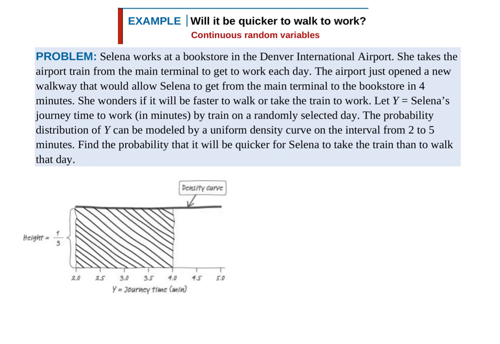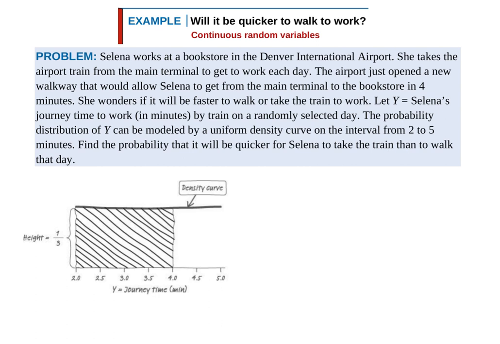So we start with creating a density curve, and remember that's just a big old rectangle. So on the x-axis is our y variable, slightly confusing, and that is Selena's journey time in minutes. So we have from 2 minutes to 5 minutes, because that is what the problem has asked us to do. But keep in mind that we will start at 2, but we end at 4 because we're talking about taking the train, and the train will get her there in 4 minutes.